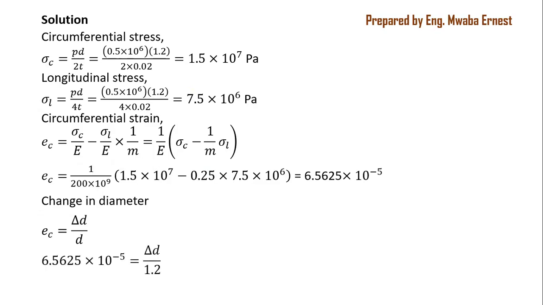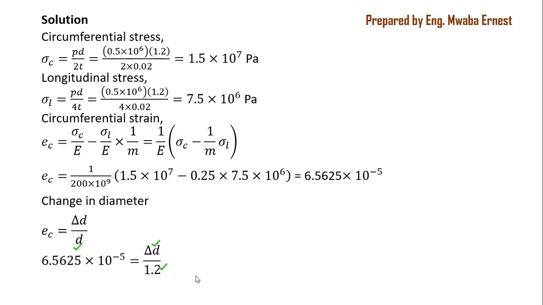First, we already found that our circumferential strain was this, 6.5625 by 10 power negative 5. Then this change in diameter is still stubborn. We don't know what it is, so we leave it. Divide by 1.2, which is the diameter.